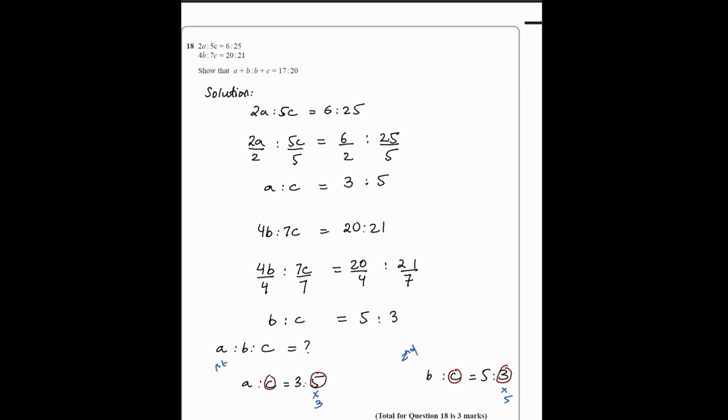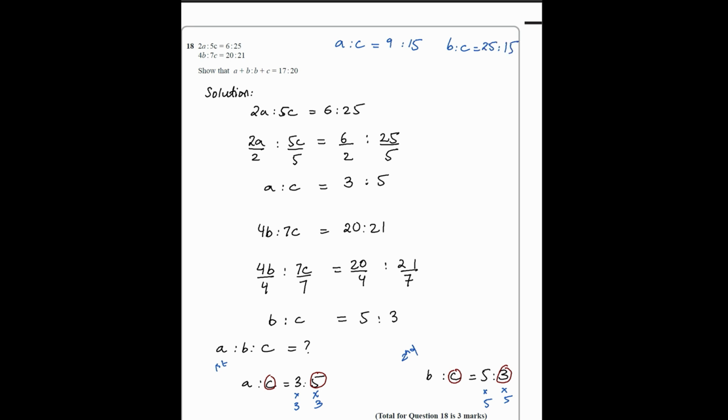So a is to c equals 3 times 3 is 9, is to 5 times 3 is 15, and b is to c equals 5 times 5 is 25, is to 3 times 5 is 15.